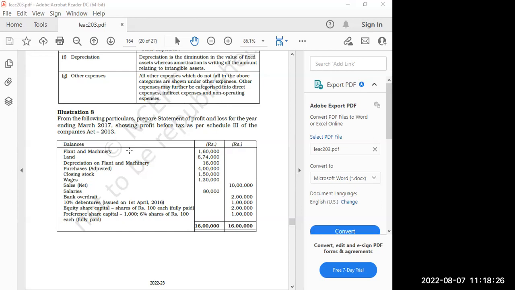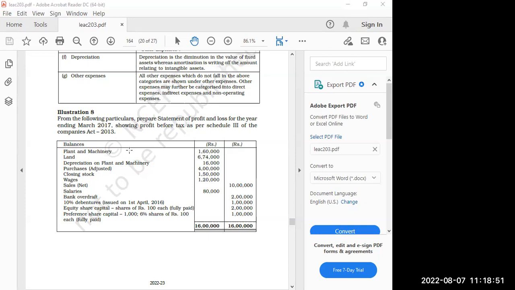So purchase is an expenditure. Next, closing stock 1,50,000. Wages 1,20,000. Closing stock is an asset. Next, wages, expenditure. Sales, income. Sales is the first line of the P&L account. Next, salary, expenditure.